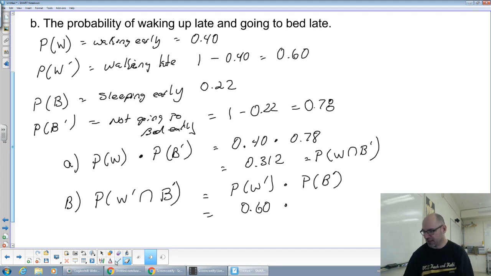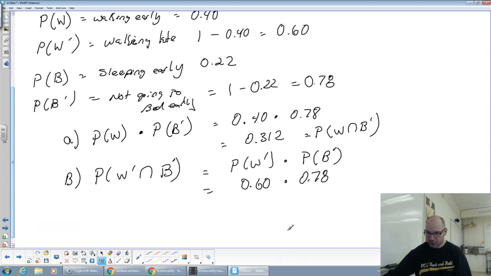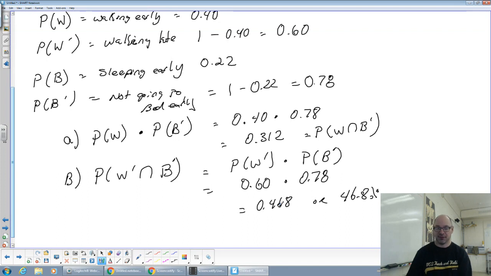So that should be 78 there. Sorry, guys. You have to be more careful when you read, and so do I. So 0.78 times 0.6, that's 0.468, if you like it as a percent. So that's the answer to B. So that's basically how those work.